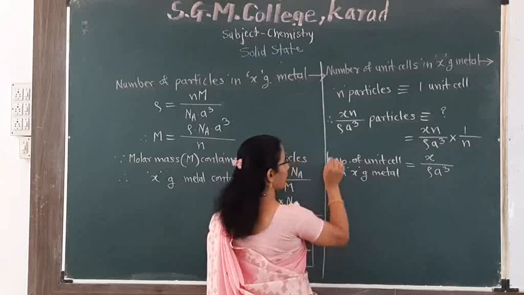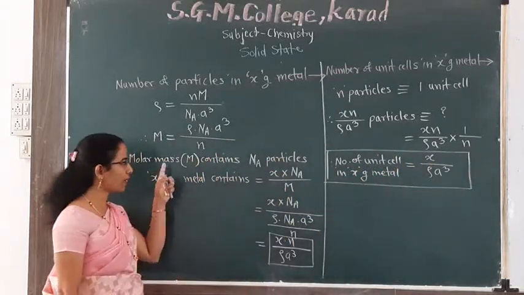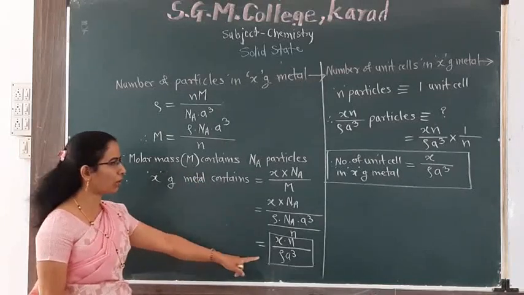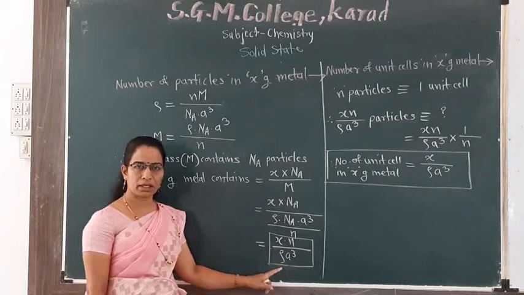is determined by using this relation, and the number of particles in X gram of metal is determined by using this relation.